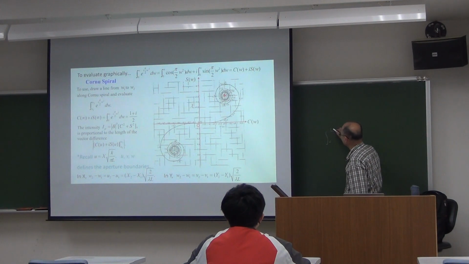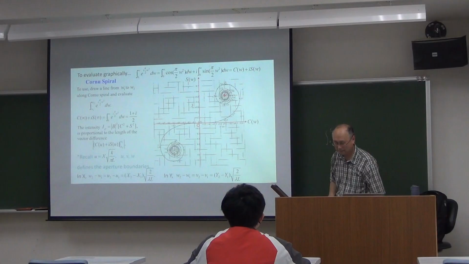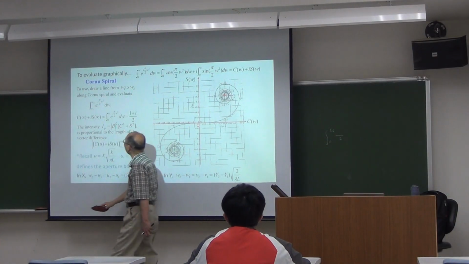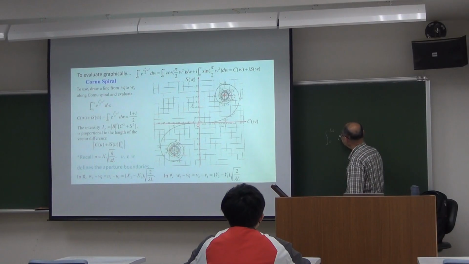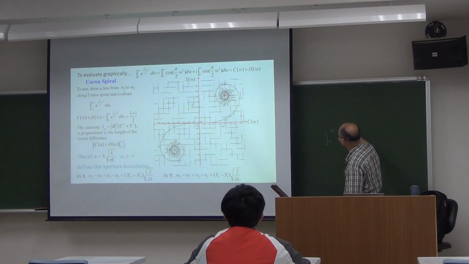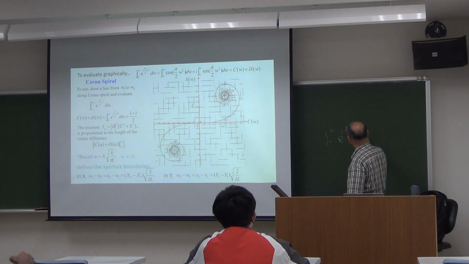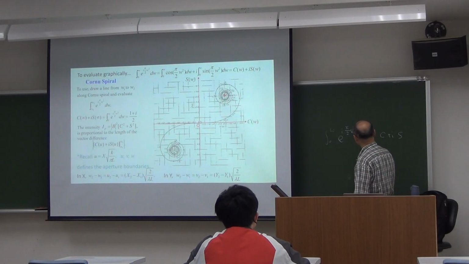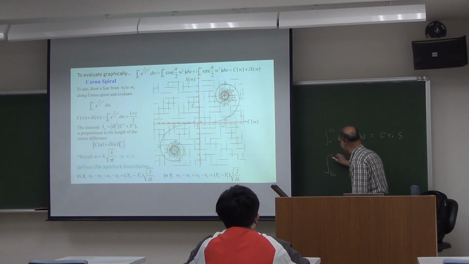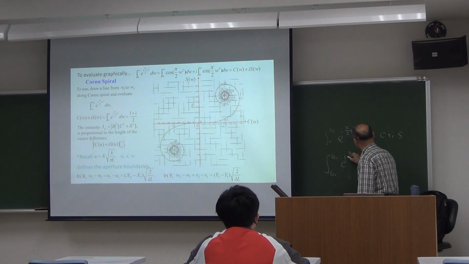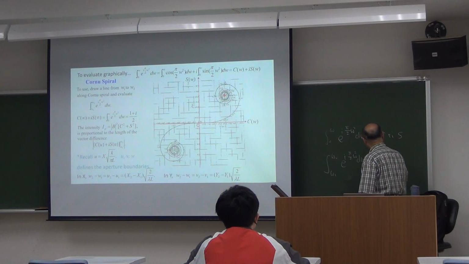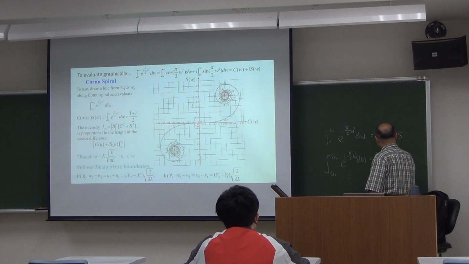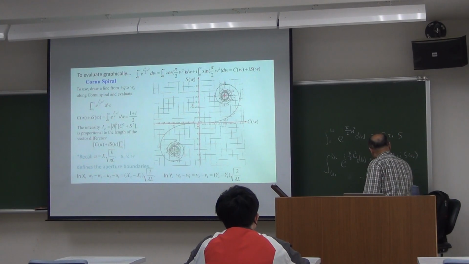If you know this integration, exponential i 1 half pi W squared dW, and then you get this C plus i S. So if you evaluate from W1 to W2, you'll be doing C of W2 plus i S of W2 minus C of W1 plus i S of W1.